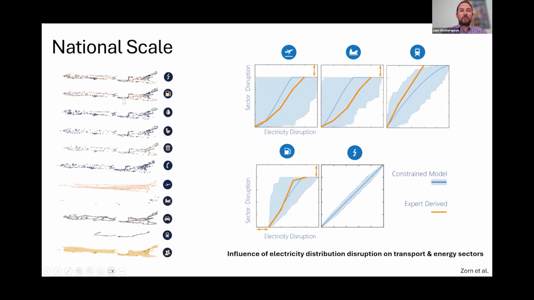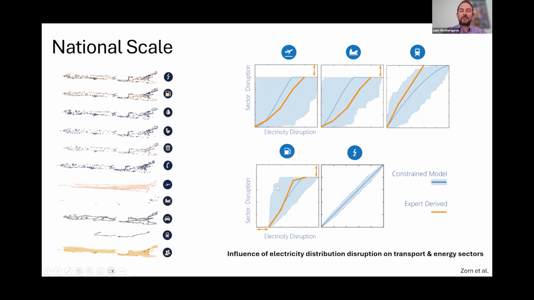when we're thinking about a particular hazard exposure. If we do a random removal, it allows us to understand how, for example here, the level of electricity distribution disruption, on the bottom axes, leads to the level of disruption of other sectors: air travel, shipping, rail, fuel, and then the power itself.